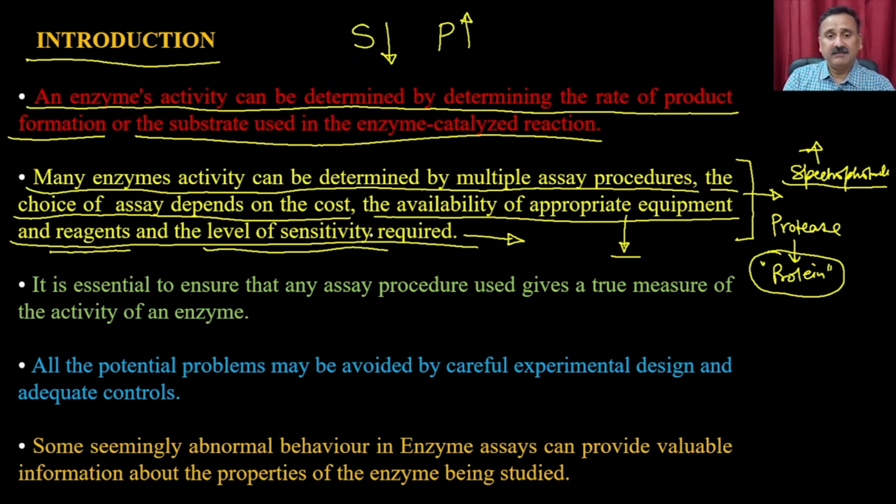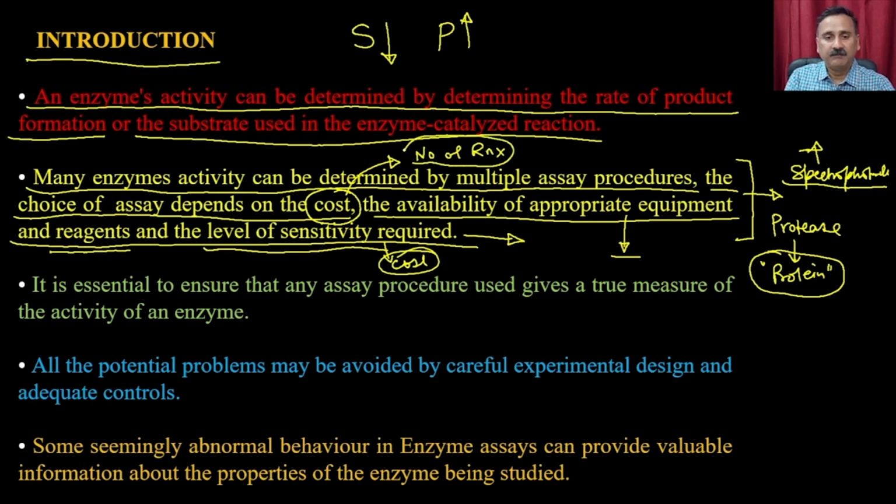So depending on the sensitivity, the cost is also going to go up. The most important thing is actually cost, because when you are trying to develop enzyme assays, cost is one of the very important parameters, since it decides how many reactions you can perform.